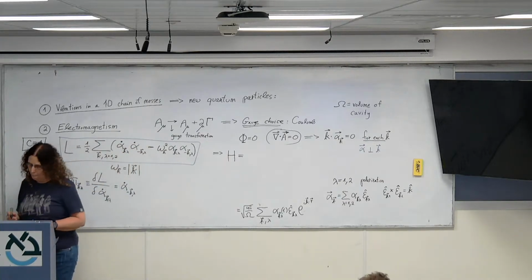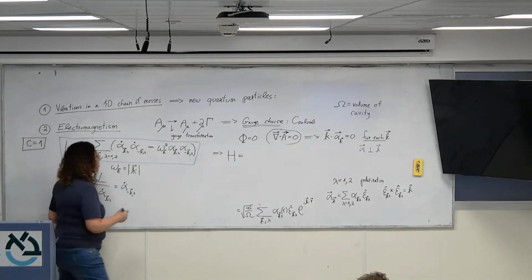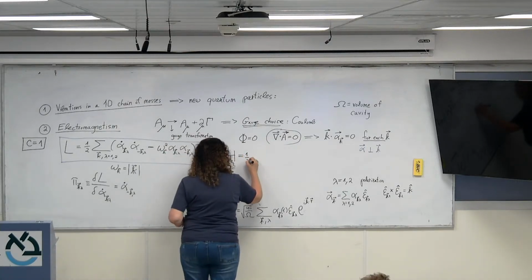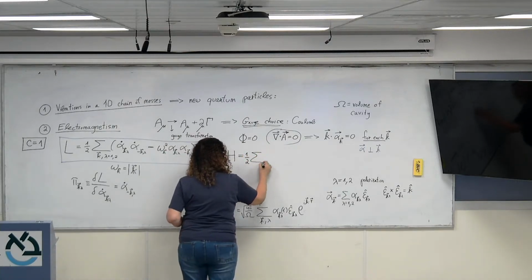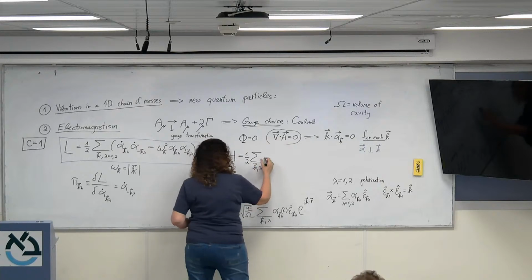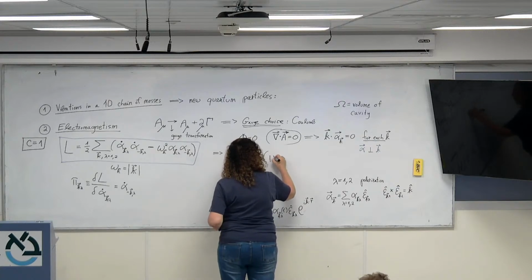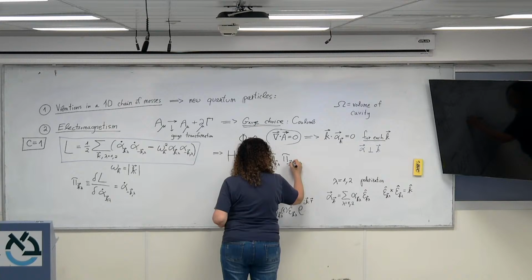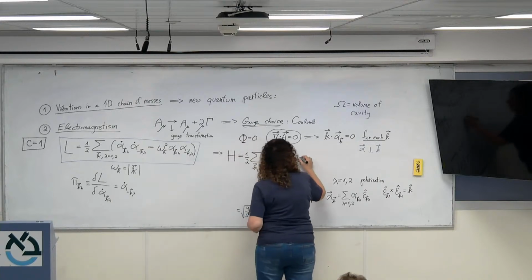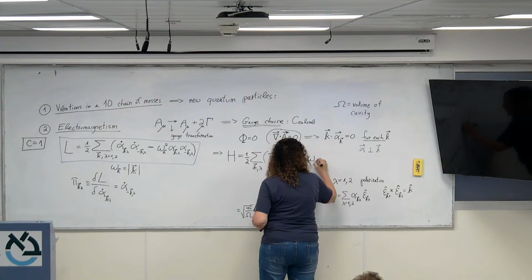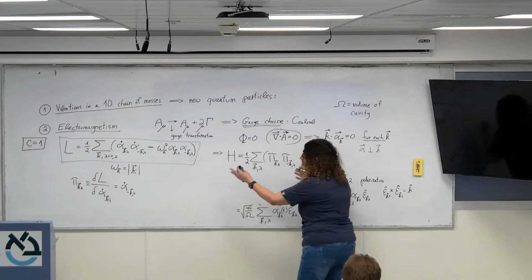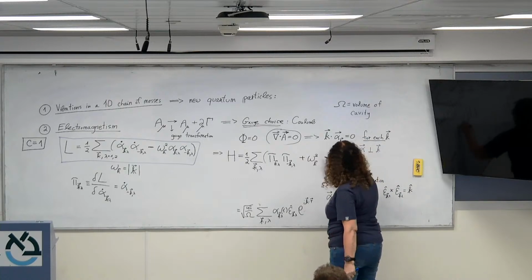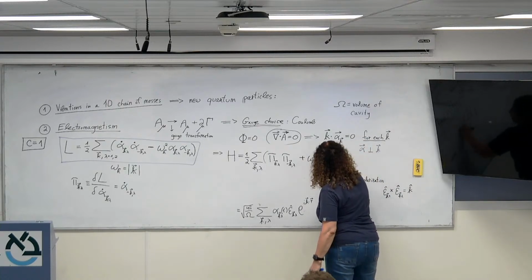It's going to be very, very reminiscent of the harmonic oscillator. A sum over k and lambda of pi k lambda pi minus k lambda plus omega k square, which is just k square, times alpha k alpha minus k.